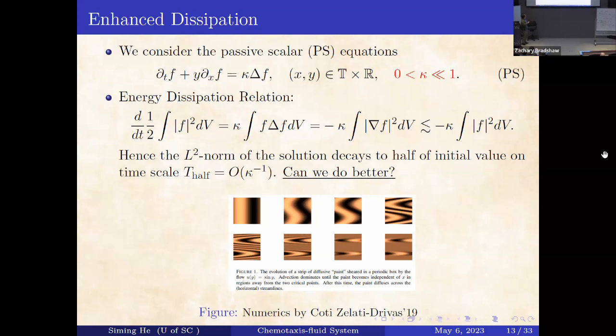So the time scale here is of order kappa to the -1. Through our talk, I'm going to refer to this as the heat dissipation time scale. This is the time scale on which the heat equation starts to kick in.